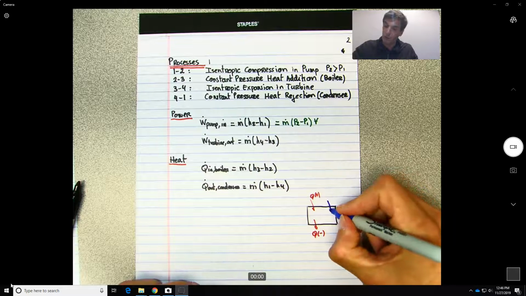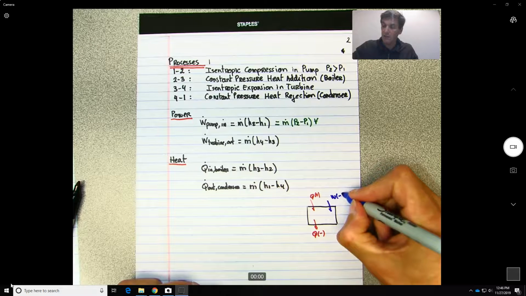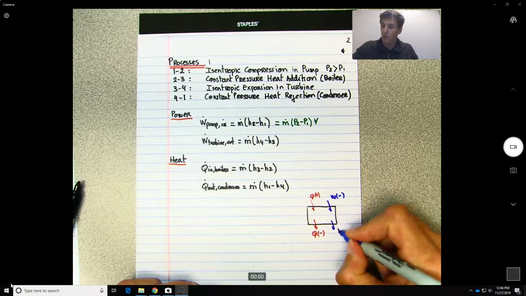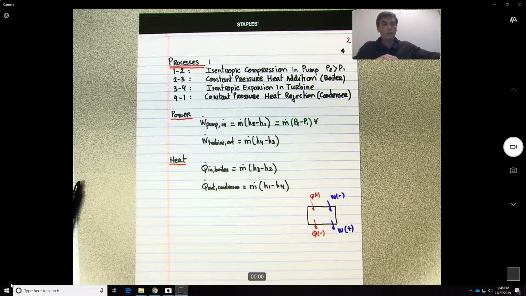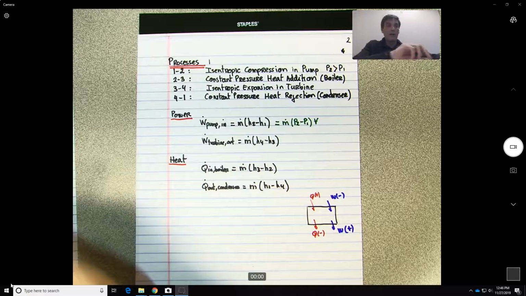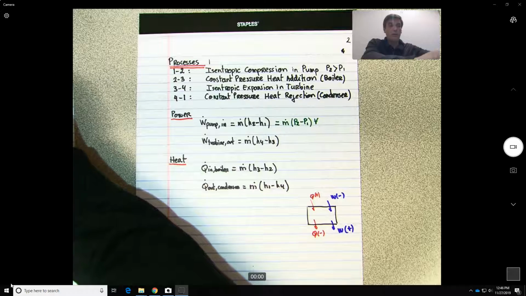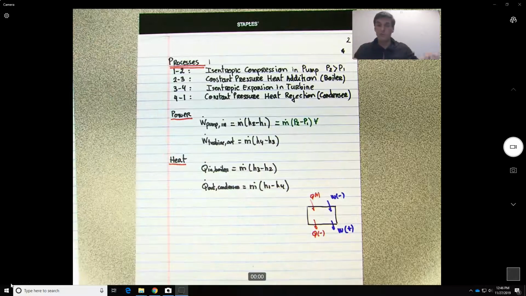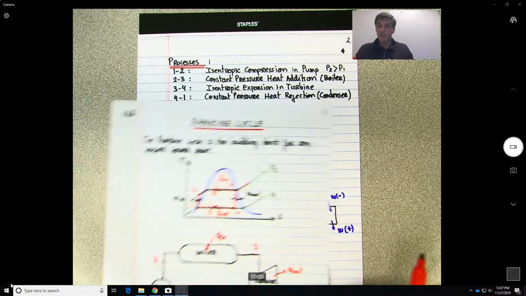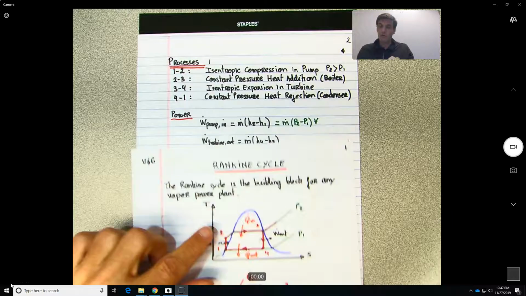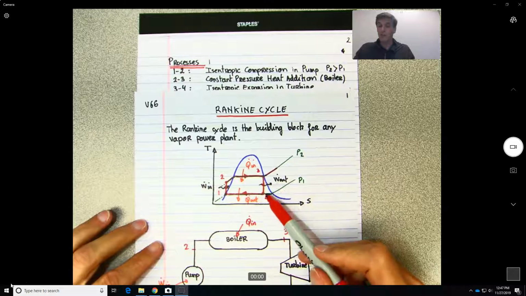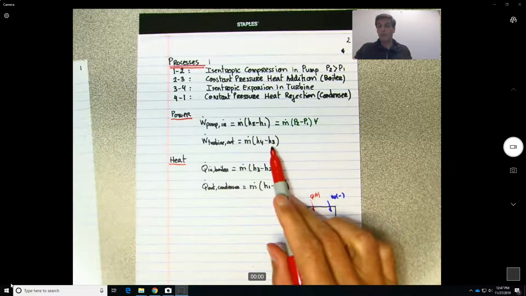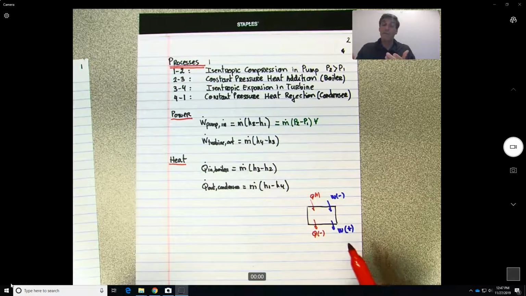So any work or power coming in is negative, and any work or power coming out will be positive. If you look over here, the power out will be between 3 and 4. So H3 should be higher than H4. So if H3 is higher than H4, it will give us a negative value.